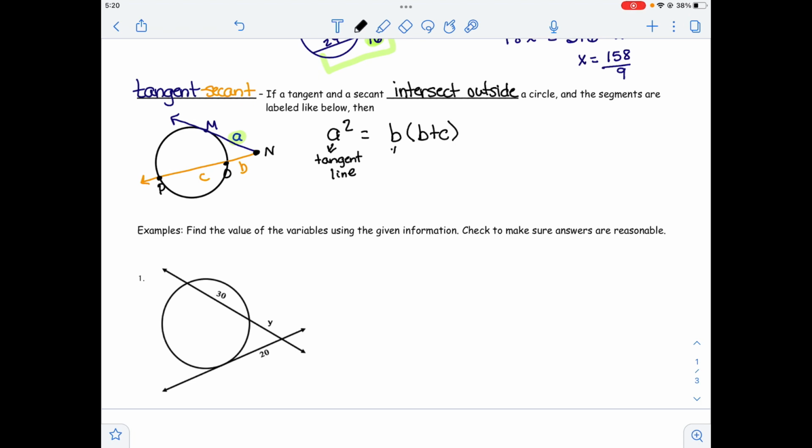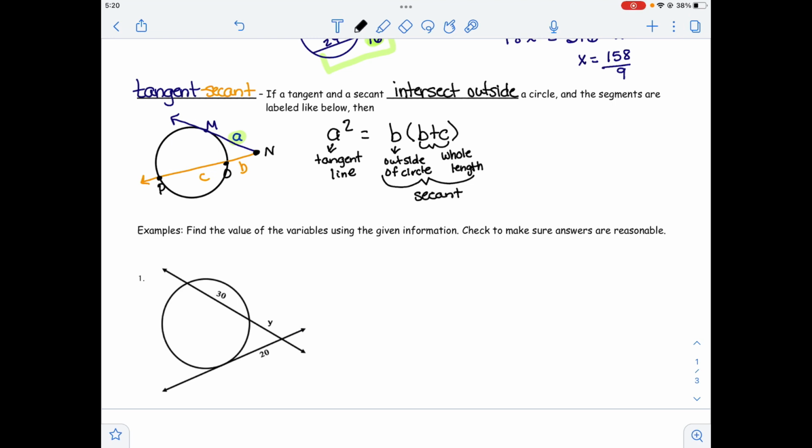The B is the outside of the circle of the secant. The BC is the whole length of the secant. So this piece right here has to do with our secant.